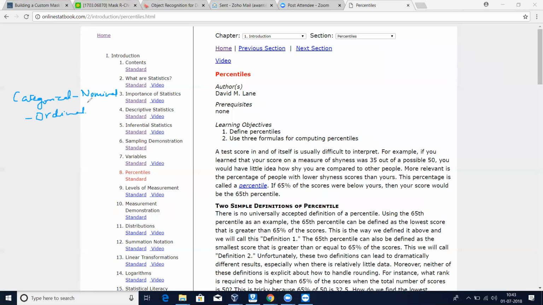Nominal means there is no relationship between the data, like male, female, location or gender. You cannot say one thing is greater than another. So that becomes nominal data. Ordinal is where there is an order in the data, like low, medium, high, where one value is supposed to be larger than another. But both are for categorical data. Understood, right? So low, medium, high is part of ordinal data.